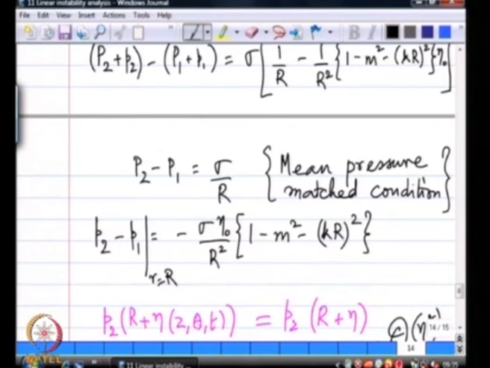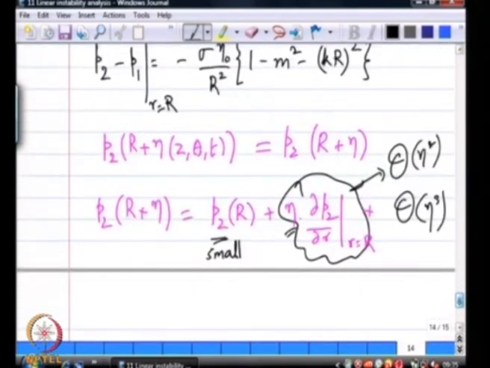Now, this process of doing this Taylor series expansion and then checking the terms that are required to be included in the dynamical pressure matched condition is very important, because there are situations, and one simple situation is where you have a swirling jet.